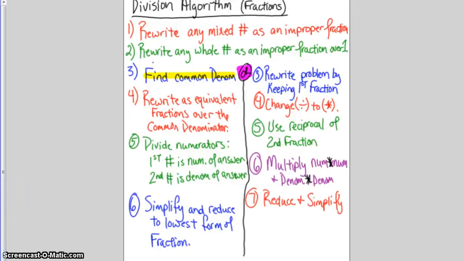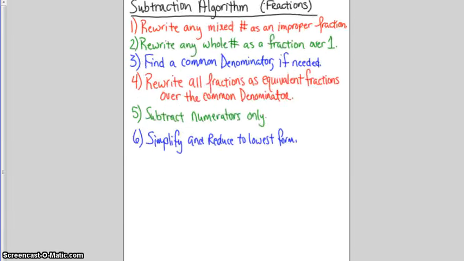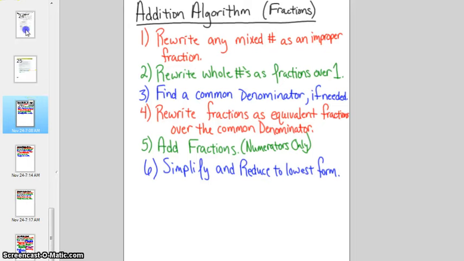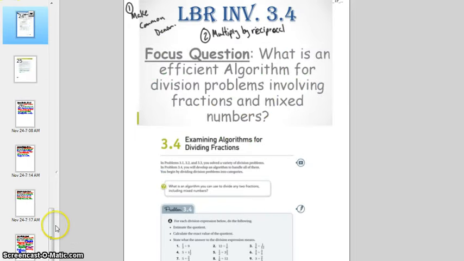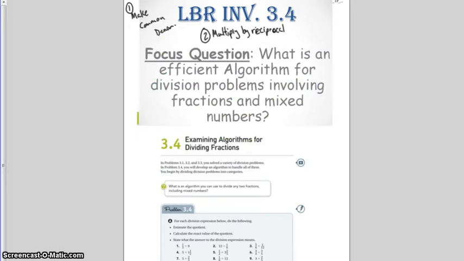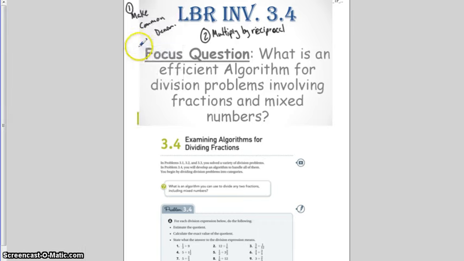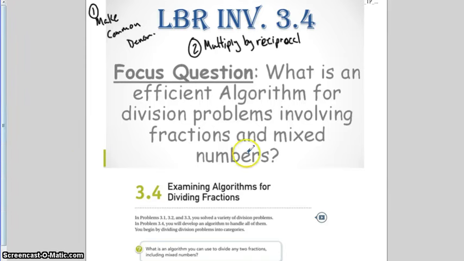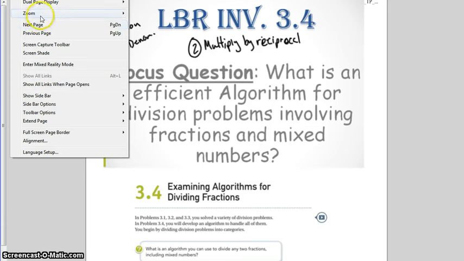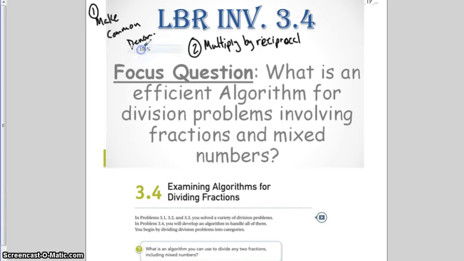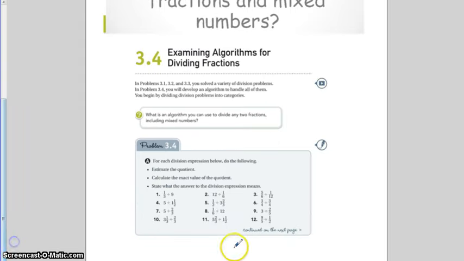So let's go back and take a look at question A. Okay, and I'm going to zoom back in here into the page a little bit.